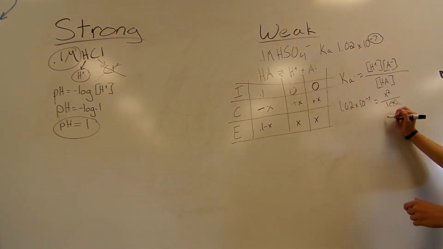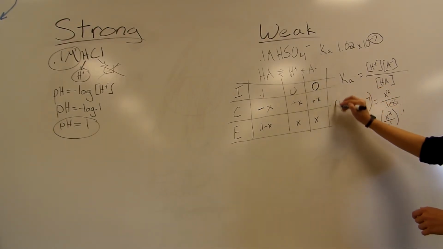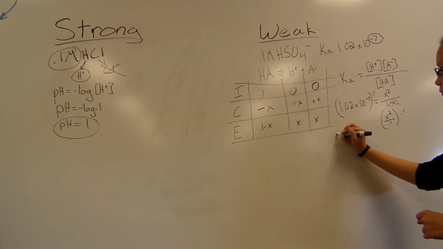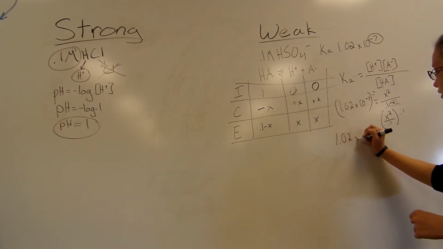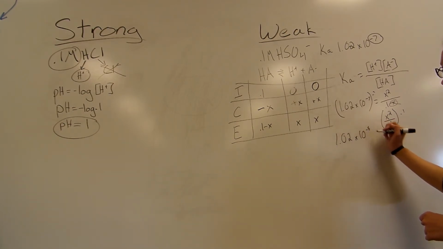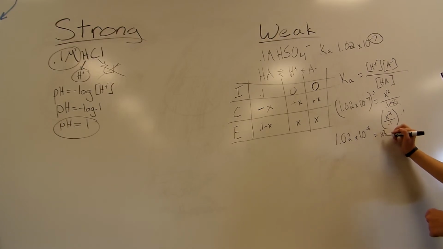So then we can simplify our expression to X squared over 0.1. We multiply this by 0.1 and this by 0.1. Then we get 1.02 times 10 to the negative 8th equal to X squared.